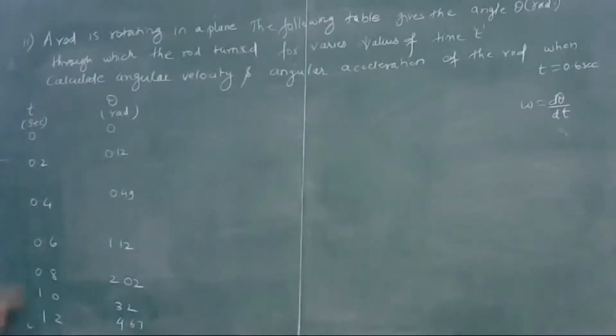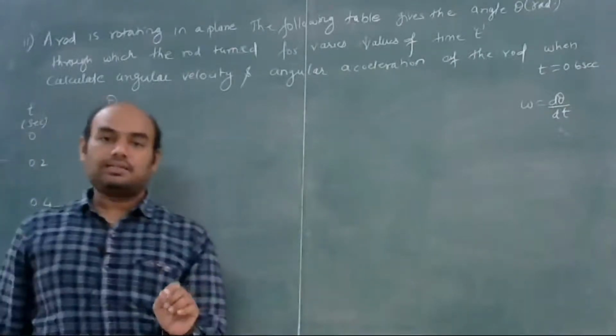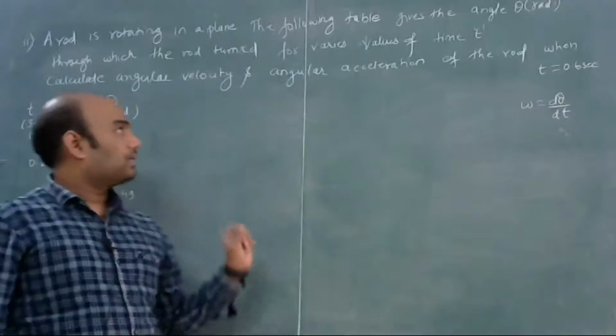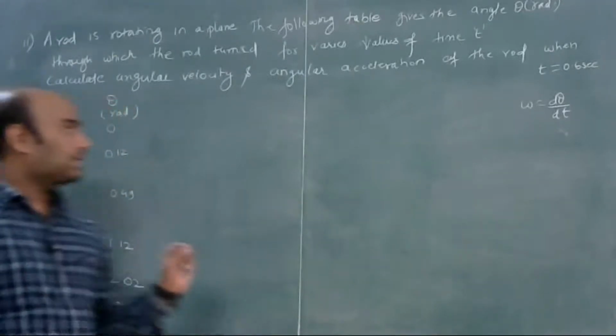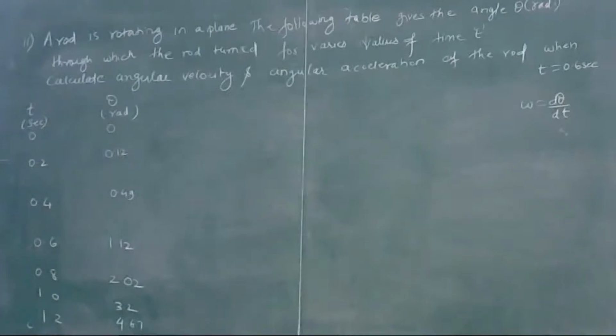Okay. So again we have to use central difference formula. Okay. For that we have derived formula of derivative using Stirling's and Bessel's central difference formula. So here we will use Bessel's difference formula. Okay. So how to decide which formula has to be applied?